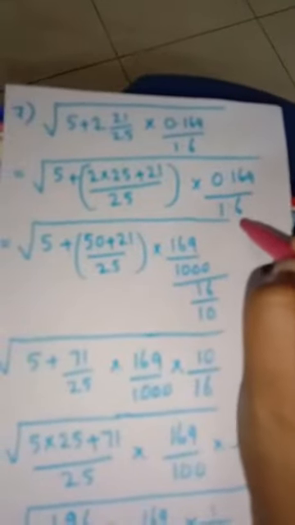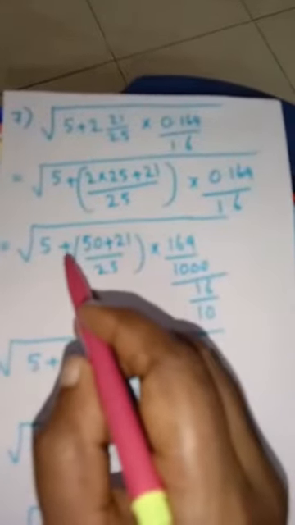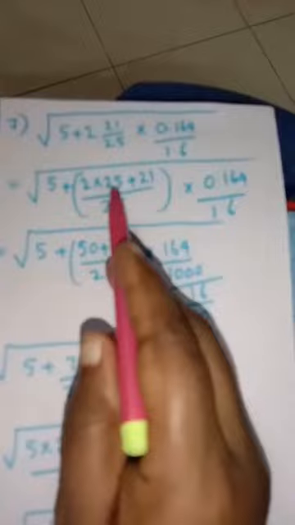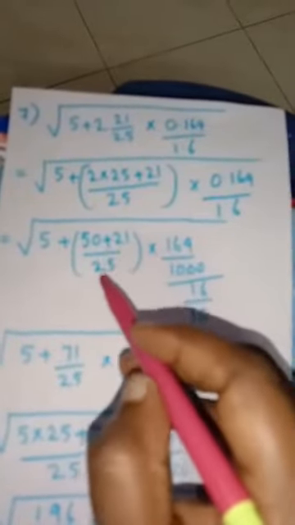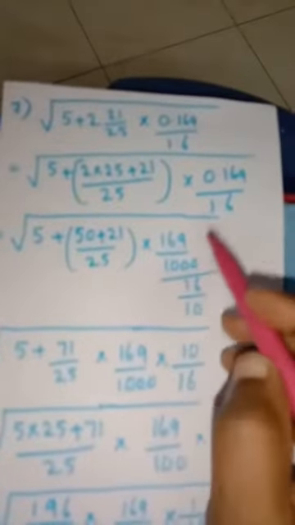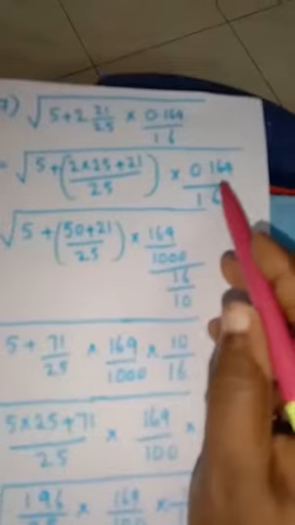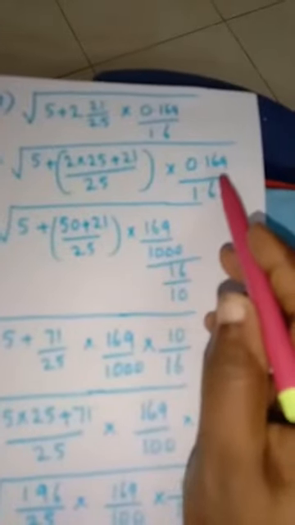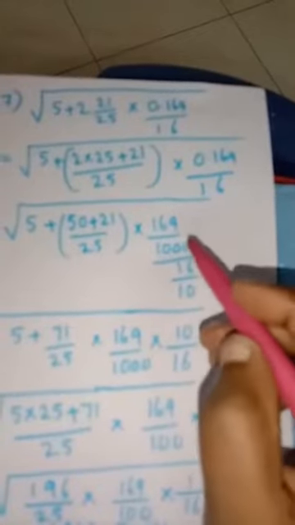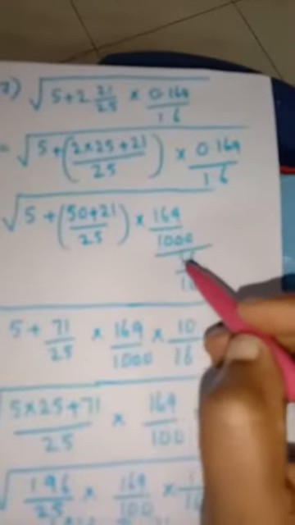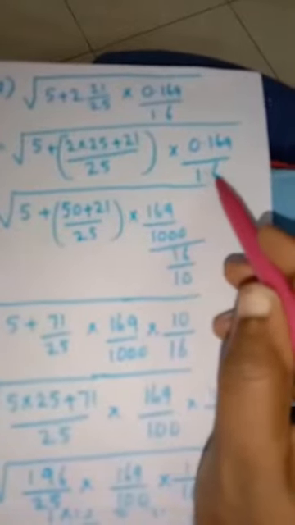Which is equal to root of 5 plus, what is 2 into 25? It is 50. 50 plus 21 by 25 into 0.169, a decimal. Make it into a fraction. That is 169 by 1000. 169 by 1000 divided by 1.6, which is also a decimal.